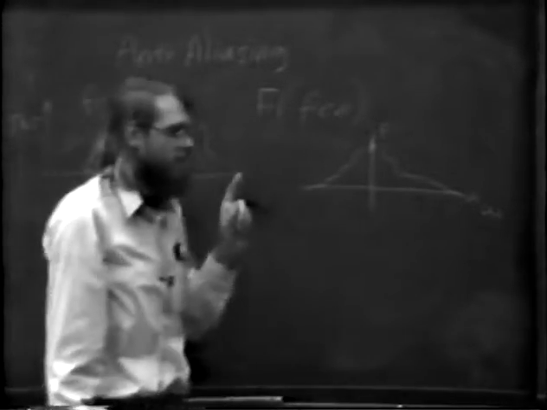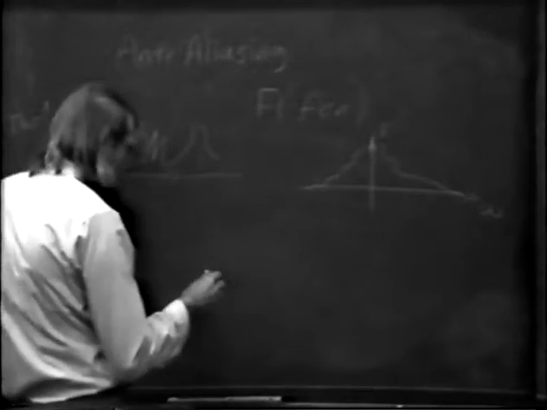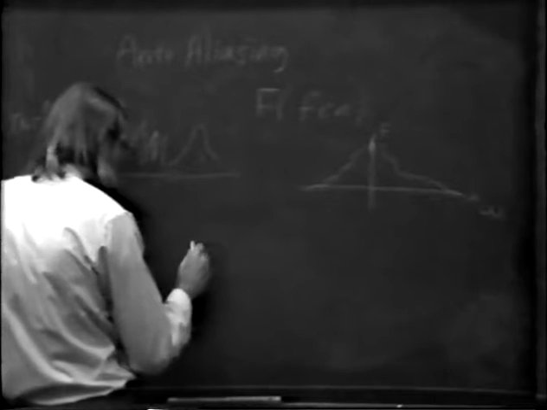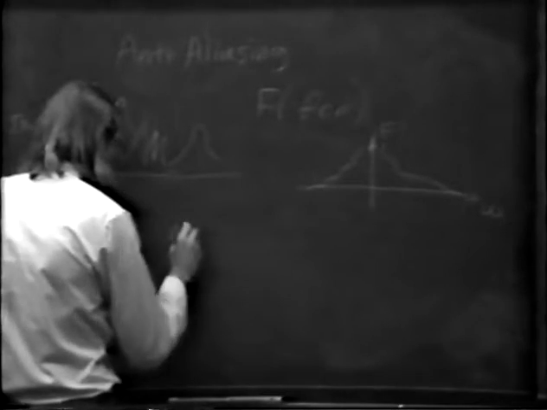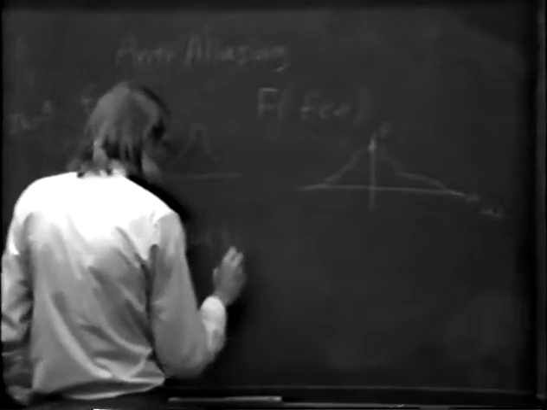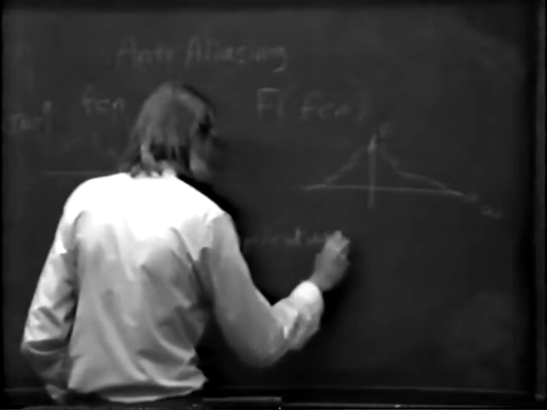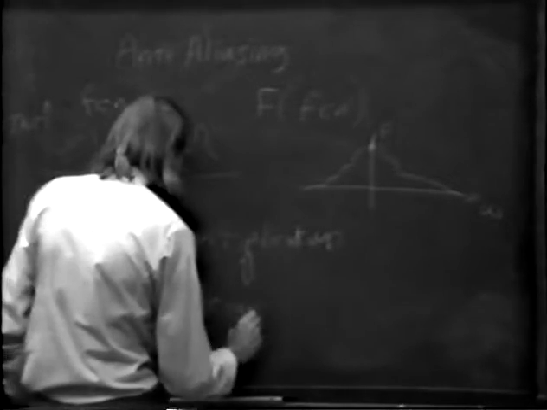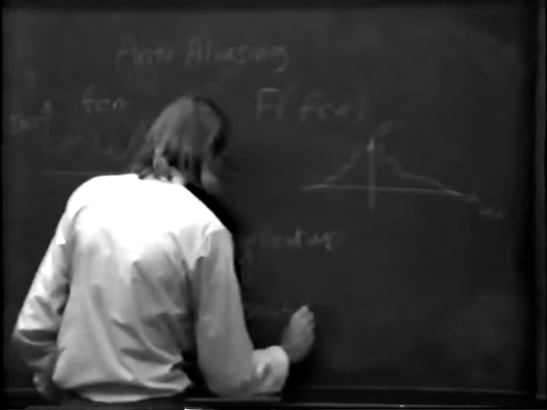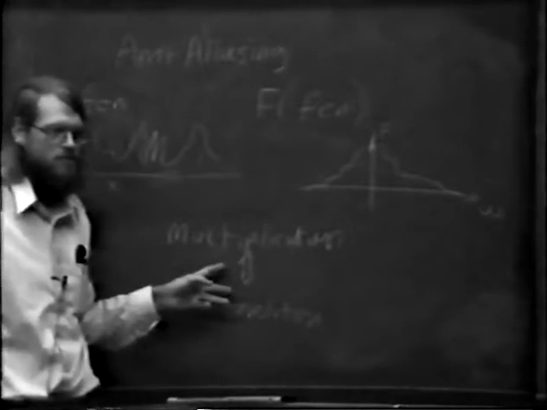Now, there's one basic punchline to Fourier transform theory that we need to keep in mind here. And that is the relationship between multiplication and convolution.